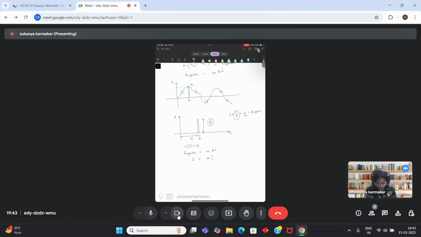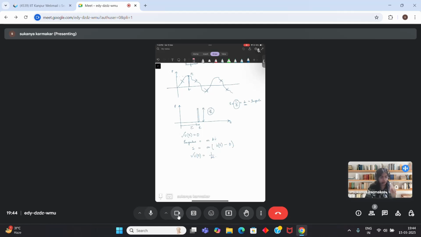What is the final velocity at this point, u dot tau, with the initial velocity equal to 0? So u dot tau is equal to 1 by m. So the initial conditions are established: u at tau is equal to 0 and u dot tau is equal to 1 by m.